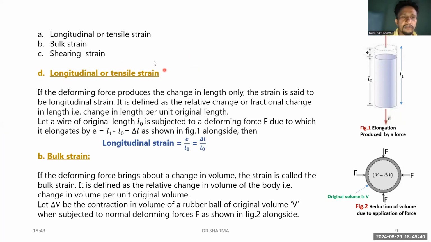The longitudinal or tensile strain is defined as the ratio of change in length to the original length. Bulk strain is defined as the ratio of change in volume per unit original volume. The figure also clarifies the definition. You can check on the right side of this slide.